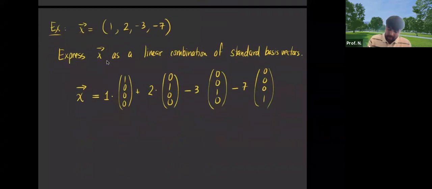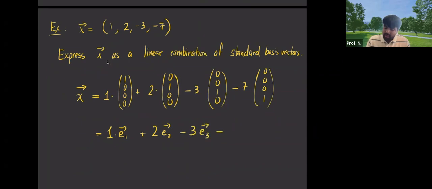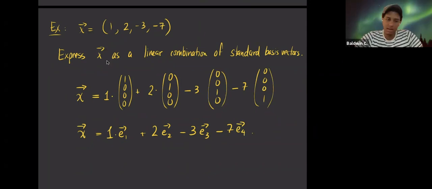And I can rewrite this as 1 times E1. I already know what E1 is in the 4-dimensional space. Plus 2 times E2 minus 3 times E3 minus 7 times E4. That is x, and that is a linear combination. Do you guys see that? Yeah, that's clear.